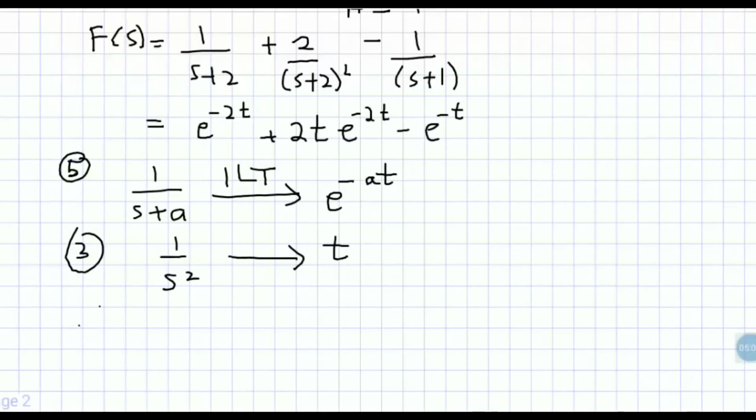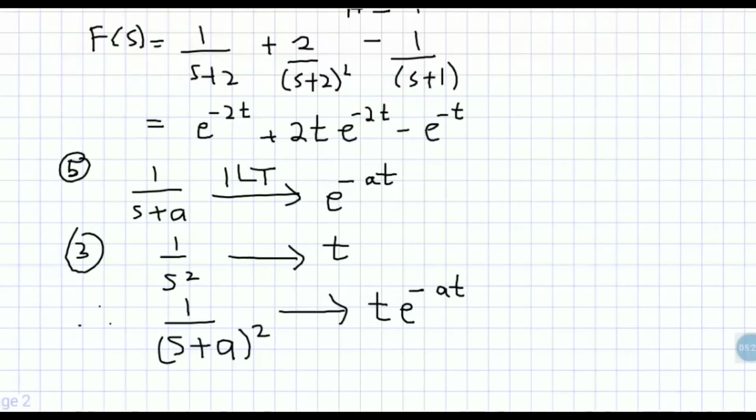Which means if you have 1 over (s plus a) squared, then you'll have t times e to the power of minus at. So that's how you get to this.